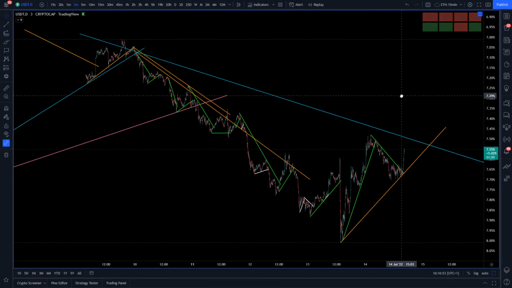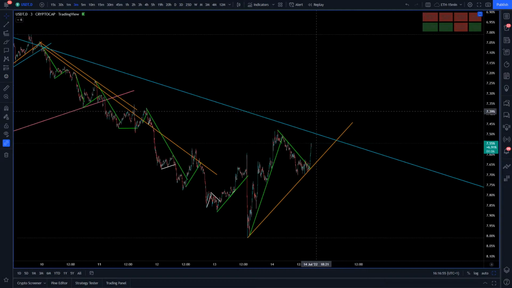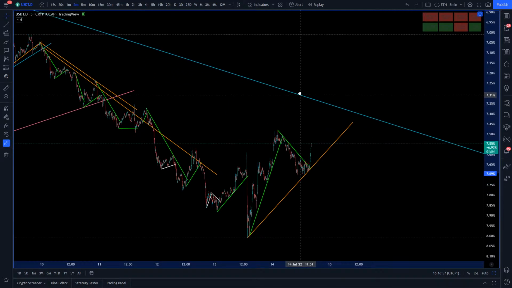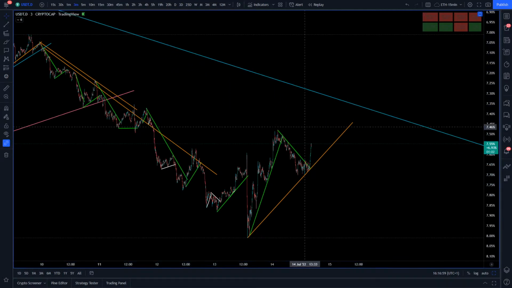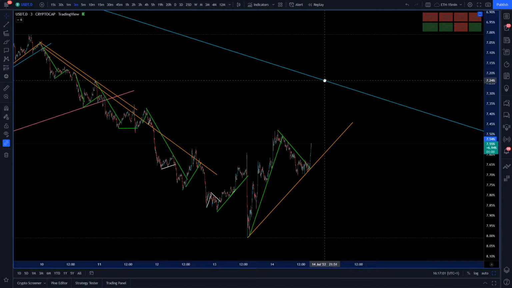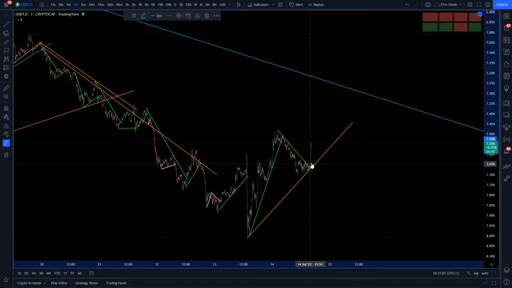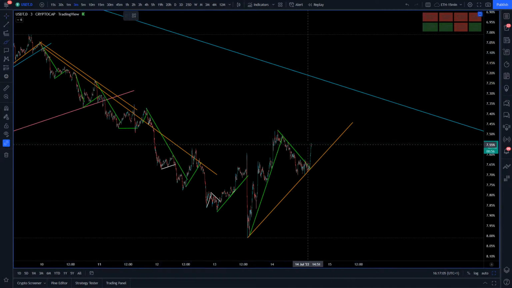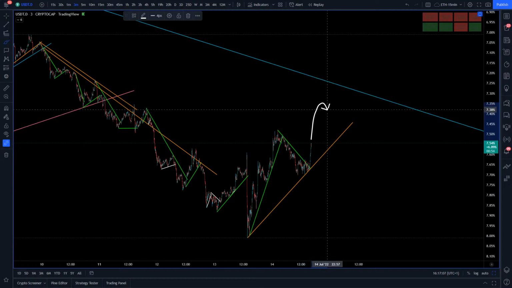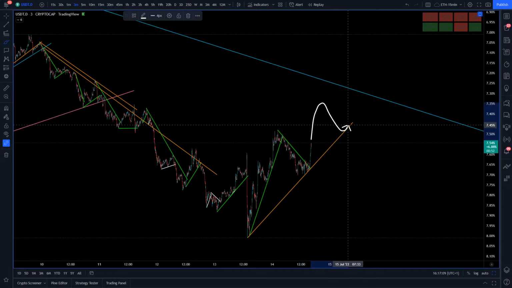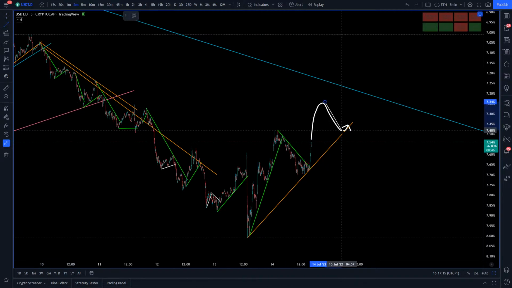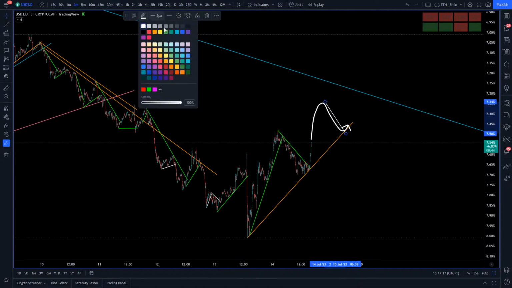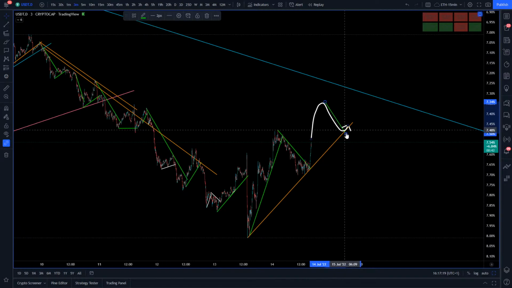If there's a breakout right here, let's put it hanging up there. So if this makes this and this, what I expect to do is long this.